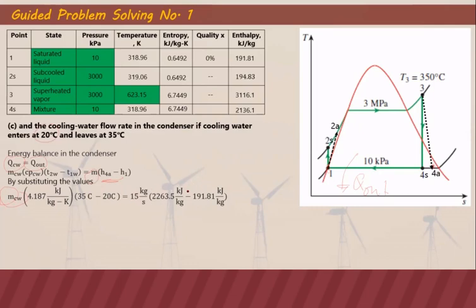So we can get this one from our actual enthalpy at point 4 and then the table value of H1. So our mass of the cooling water that we are using to cool the working fluid is 494.79 kilogram per second. So that's an enormous amount of energy. So 494 kilogram per second.